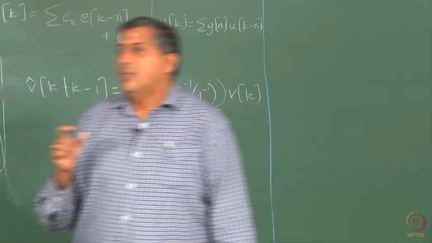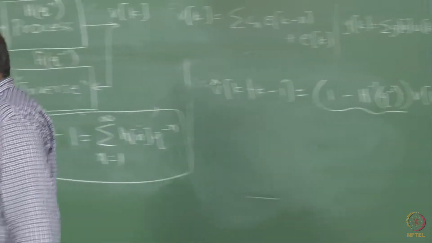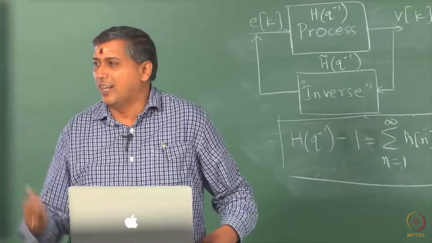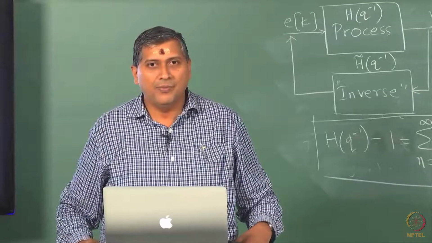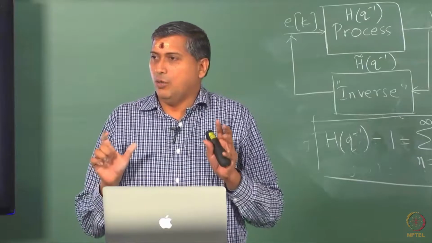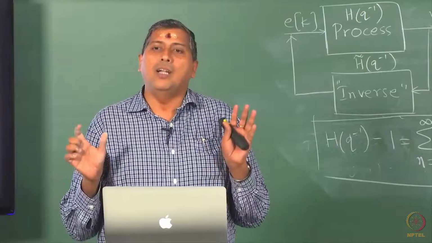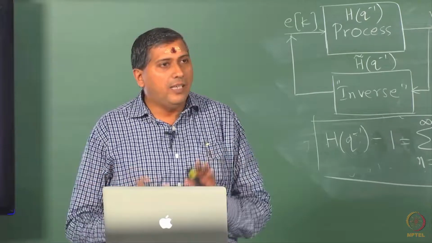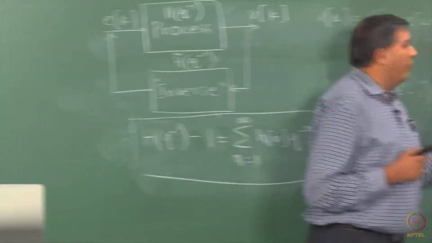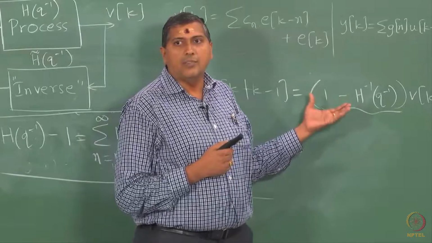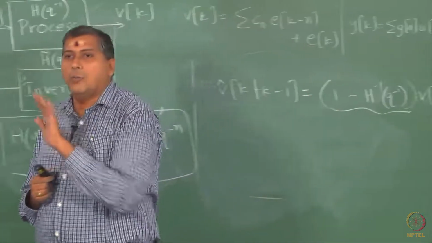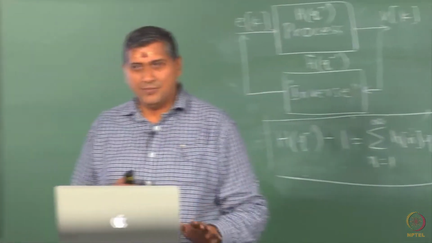If I were to write it in an expanded form, depending on what H is, H inverse may be finite or infinite in terms of summation. So, instead of breaking my head on that, we generally leave it at that. Depending on the scenario, 1 minus H inverse would lead to an infinite or a finite summation, but regardless Vk does not participate on the right hand side.